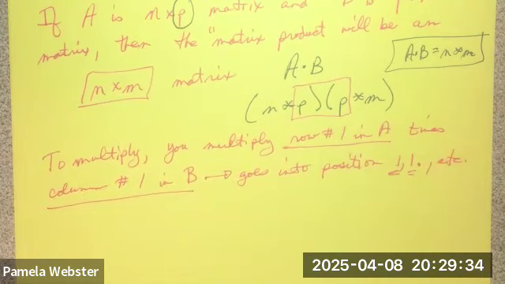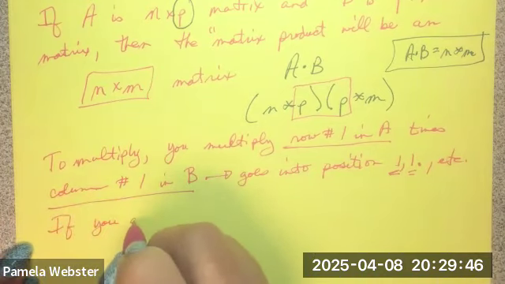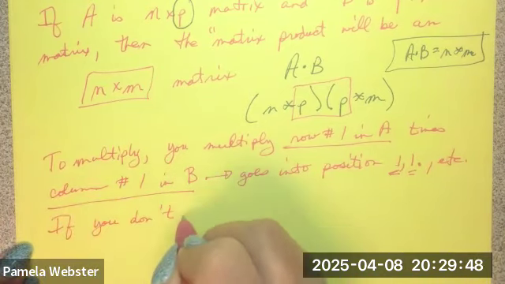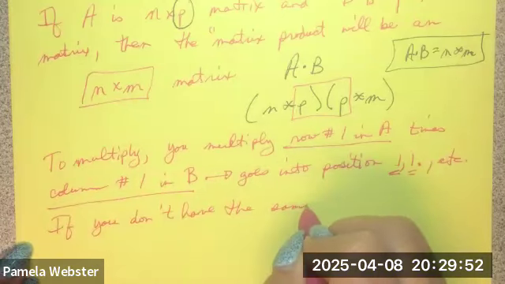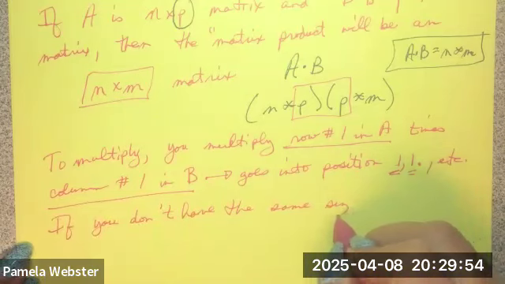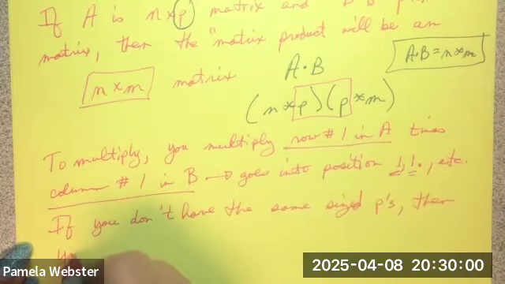If the number of columns in A and the number of rows in B is not the same, if you don't have the same sized P's, then you can't multiply.